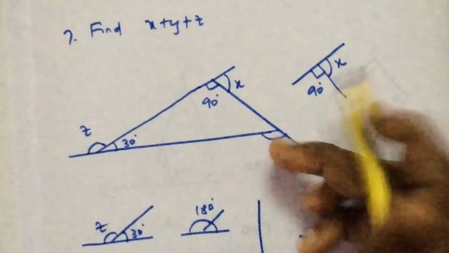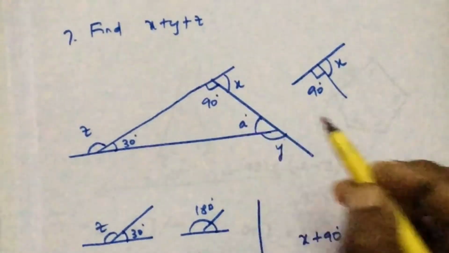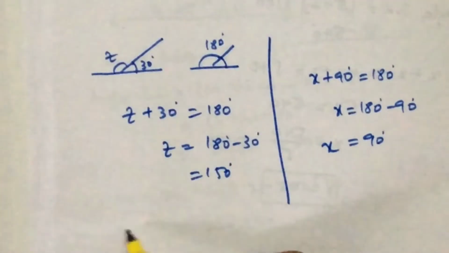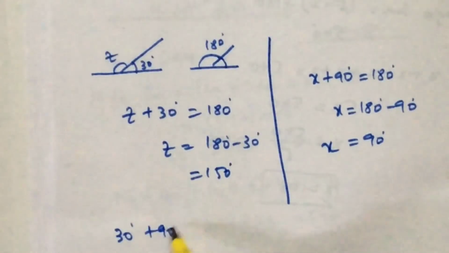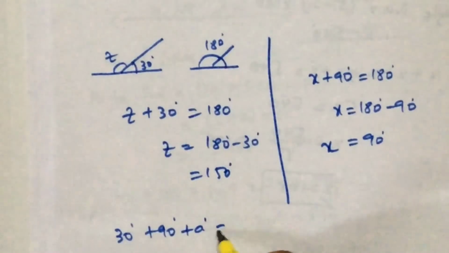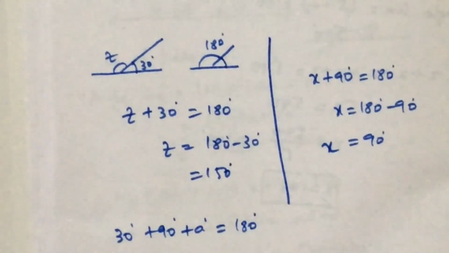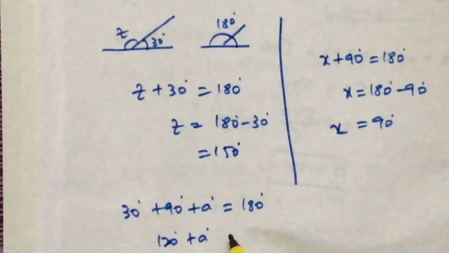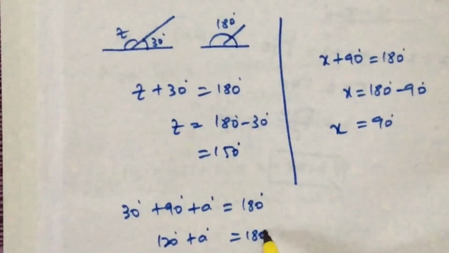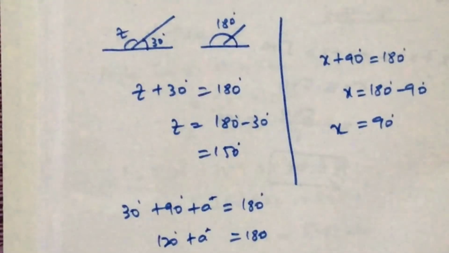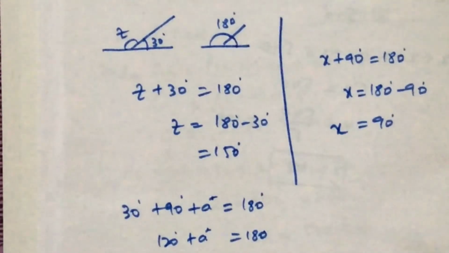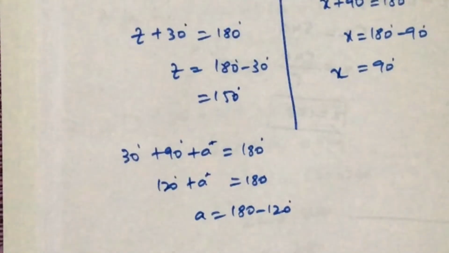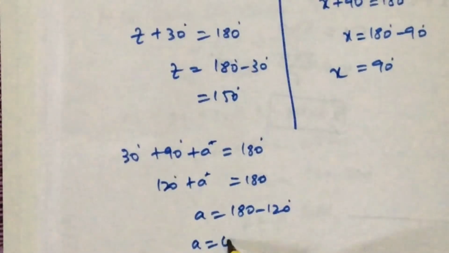Let me take this angle as A. So 30 degrees plus 90 degrees plus angle A should give 180 degrees. This is 120, so 120 plus angle A equals 180 degrees. So A equals 180 minus 120. A equals 60 degrees.